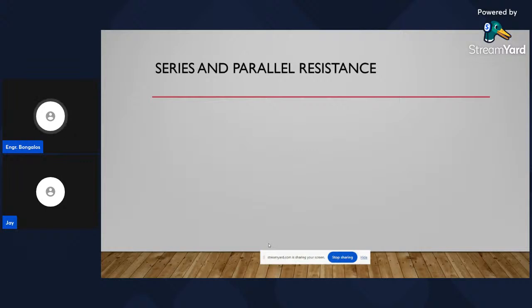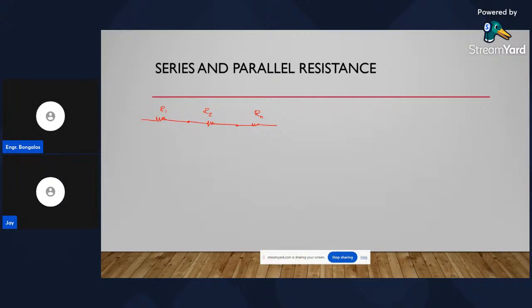So, proceed tayo for the series and parallel resistance. Kabisado nyo naman ata 'to. So, for the series resistance, let's say R1, R2, then Rn.